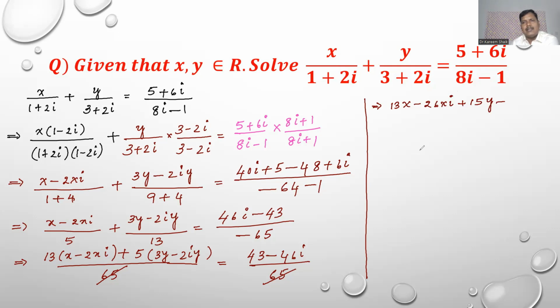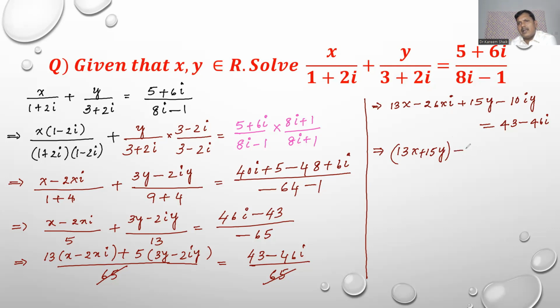Now 5 twos are 10, 10 iota y equals to what? 43 minus 46 iota. Observe here, that implies real part 13x plus 15y. So 13x plus 15y, I am putting in one bracket, minus 26 x iota minus 10 y iota.